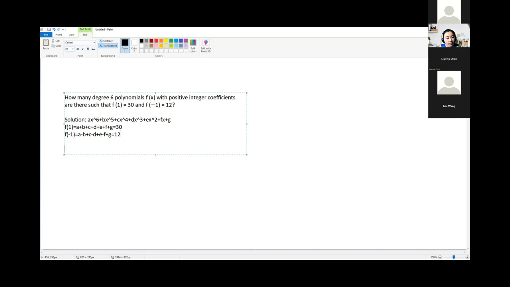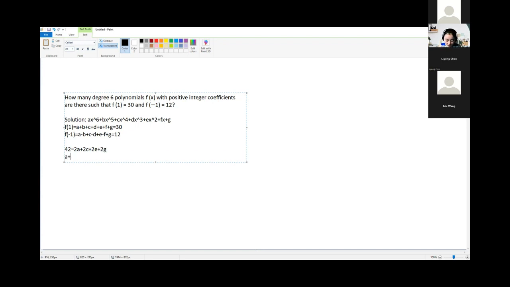So we know that if we add the equations or subtract the equations, we can get rid of some of the negative signs. So let's add them first. 42 equals 2a plus 2c plus 2e plus 2g.